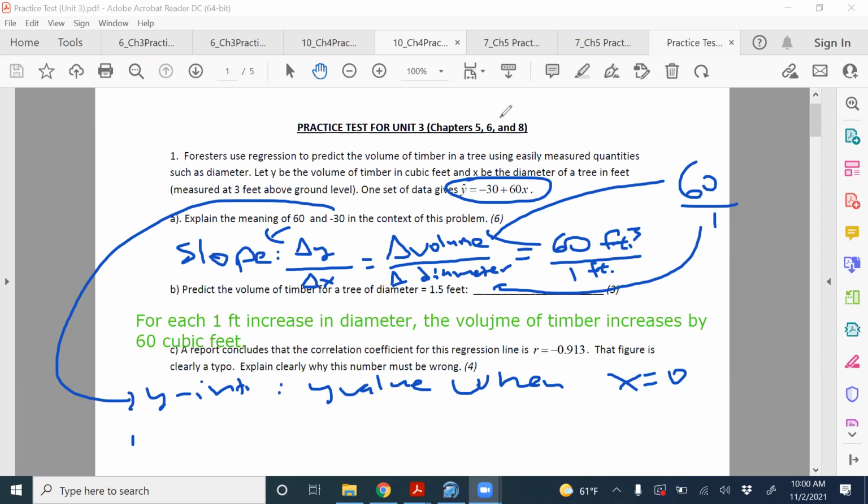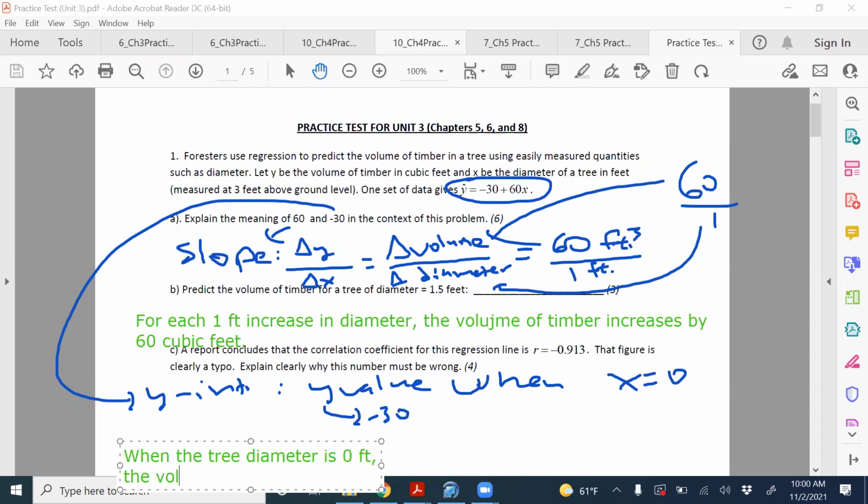And so what is my y value? Of course, it's -30, right? So what does this mean in the context of the problem? It means that when the tree diameter is 0 feet, the volume of timber is -30 cubic feet.